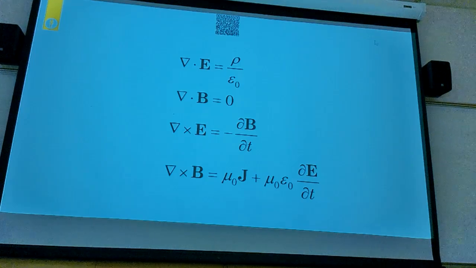B is your magnetic field. Rho is your electric charge density. J is the current density. So it's current. Epsilon naught is your vacuum permittivity, which is a fixed constant. It's a universal constant. And mu naught is the vacuum permeability, which again is a fixed constant.